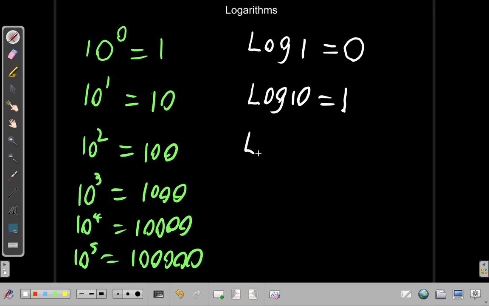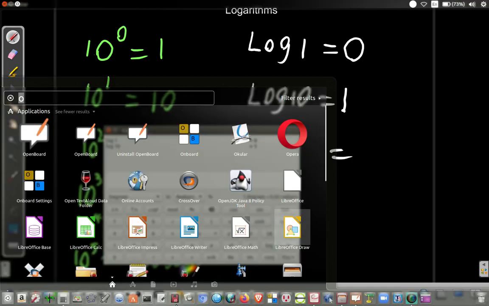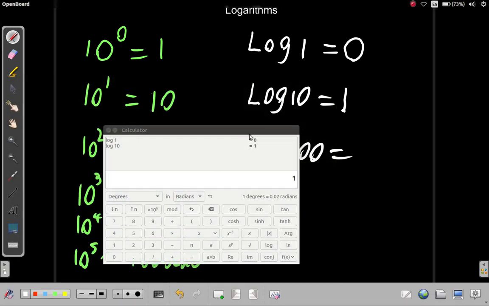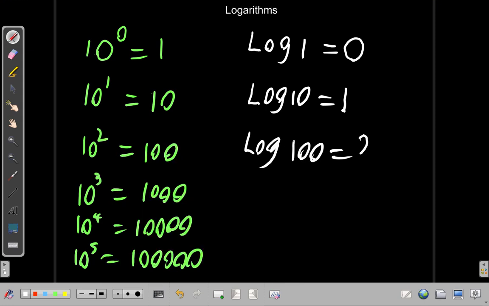What about log of 100? What is that equal to? Clear the screen. Log 100 equals 2. So the log of 100 is 2. Can you tell the log of 1000 without using the calculator?